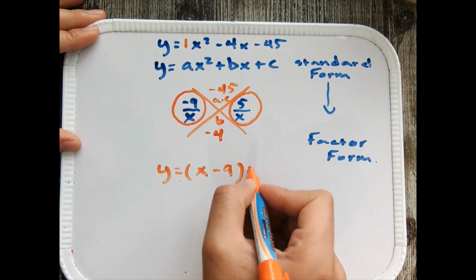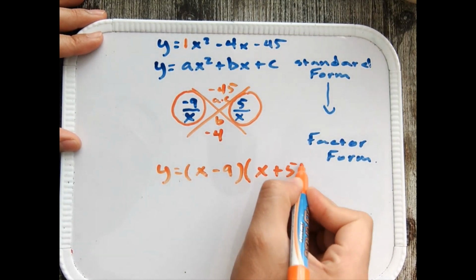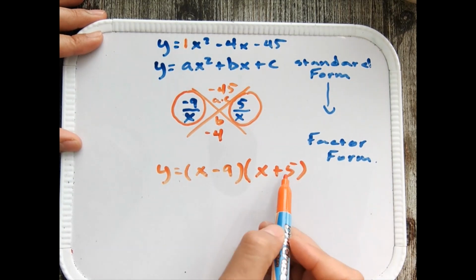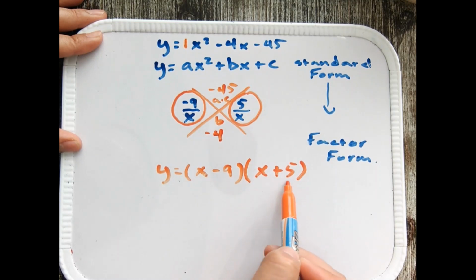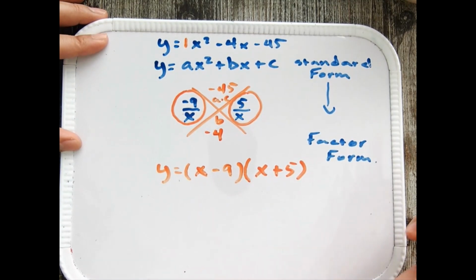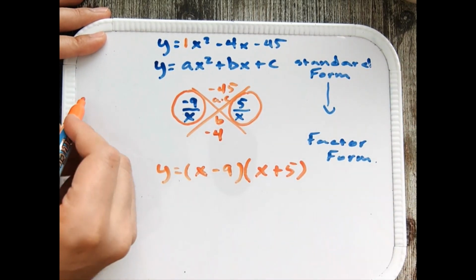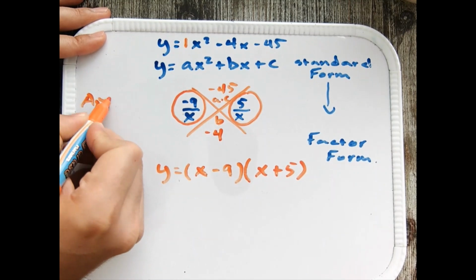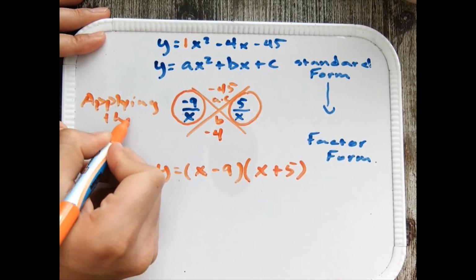And for my second factor, what I have is x plus 5, because the other number was positive 5, so I have to put a positive 5. And again, I went from standard form to factor form by applying the x method.